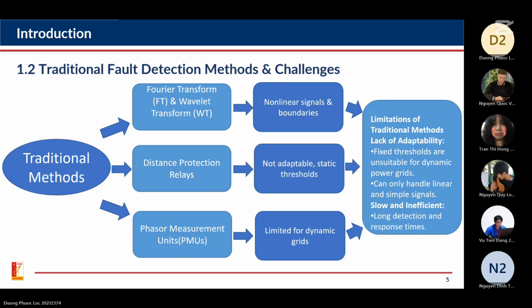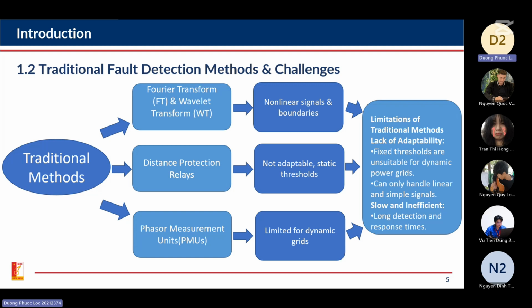Fourier transform and wavelet transform are methods that analyze signal frequency and time domain to identify anomalies. We have distance protection relay, which relies on fixed thresholds to detect faults based on independent measurements.